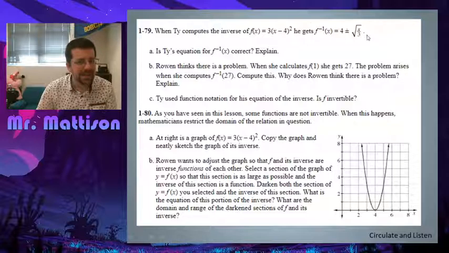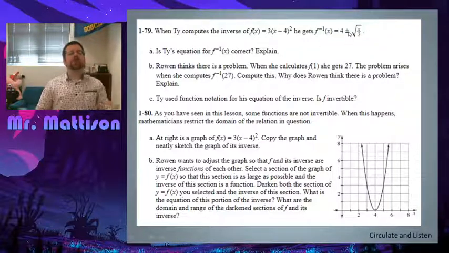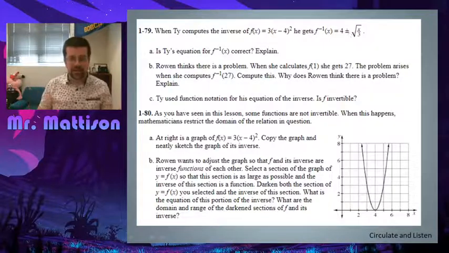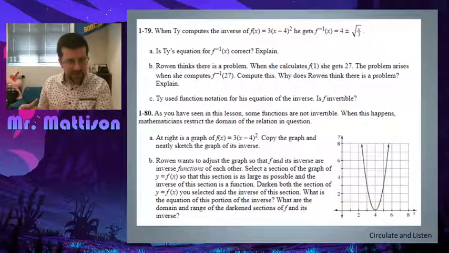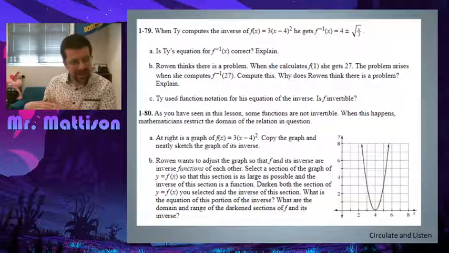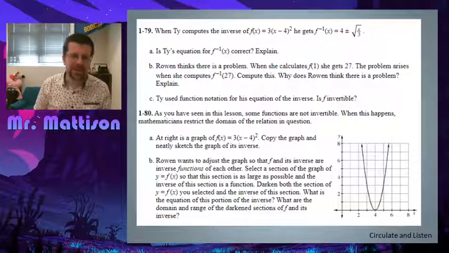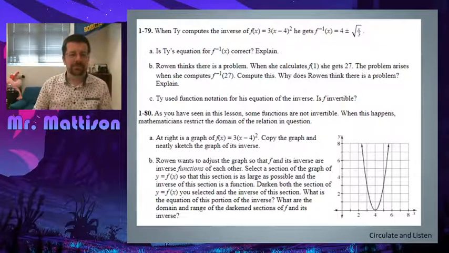And this does not pass the vertical line test, right? Because of that plus or minus deal. So there's the problem, right? They did find the inverse, but the inverse is not a function. So that's why we have these problems and why we need to worry about and care about those things. All right.